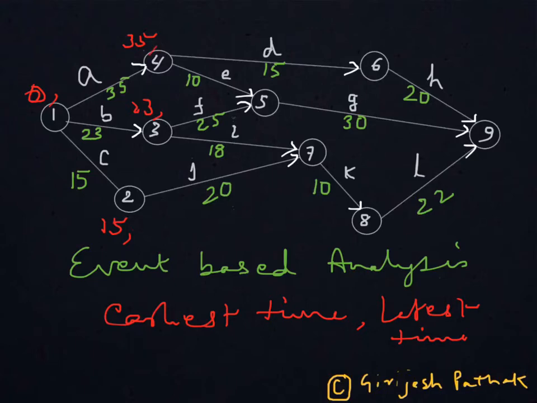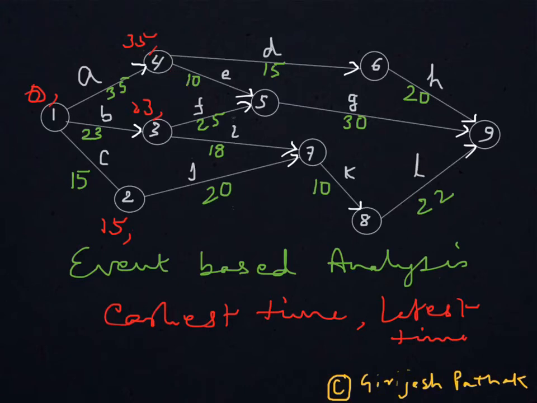now this is a node where two activities are ending, E and F both. As you know, if E is over and F is still continuing, then we don't say that we have reached that node. So we need to see from both sides, from the E side as well as the F side. For E, it starts from node 4, and the earliest you can reach node 4 is after 35 days.